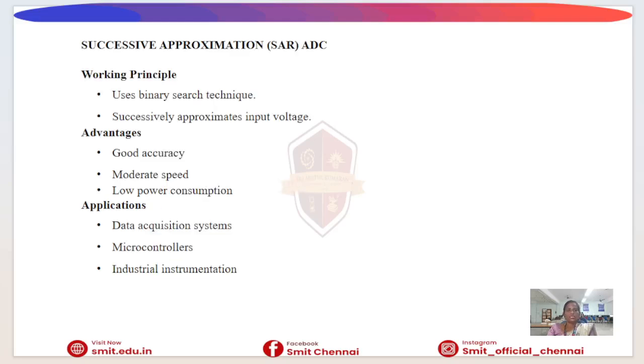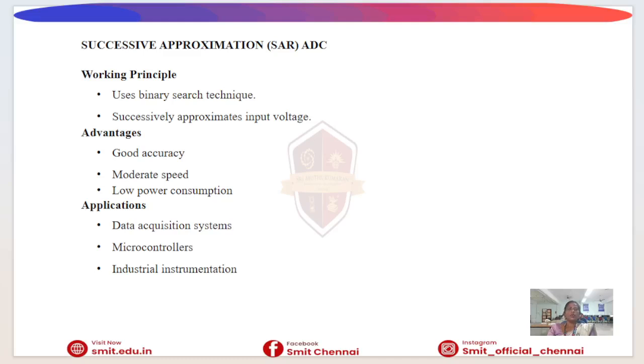Now let us discuss the successive approximation register ADC, commonly known as SAR ADC. This ADC uses a binary search algorithm to determine the digital equivalent of the input voltage. The ADC starts with the most significant bit and successively determines each bit until the conversion is complete.